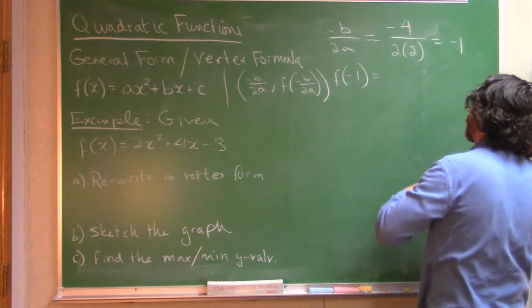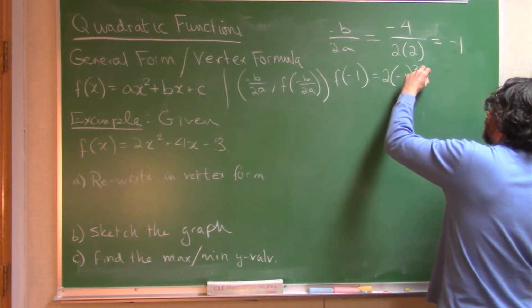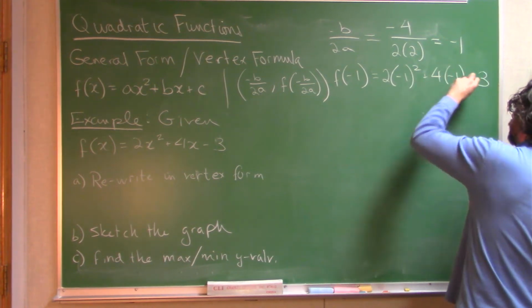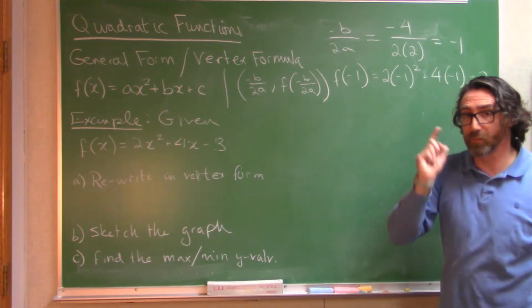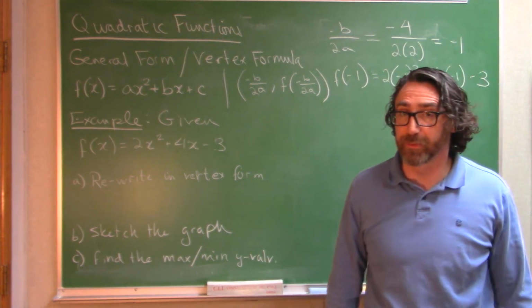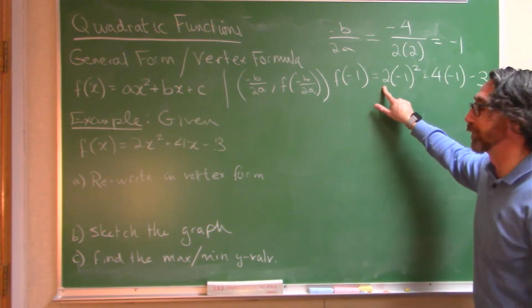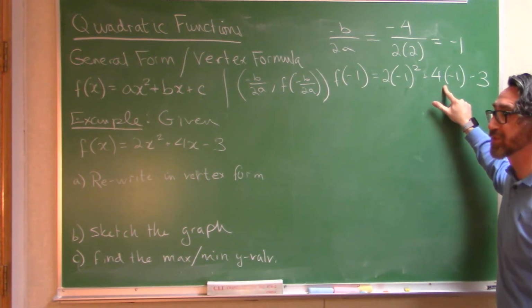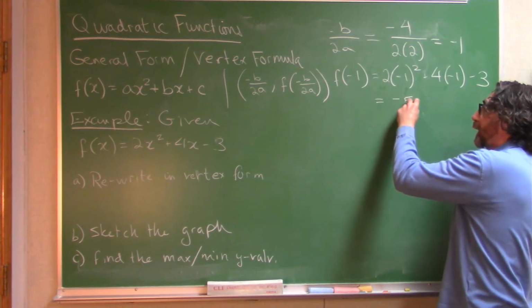So, 2 times -1 squared plus 4 times -1 minus 3. Very important here, -1 squared means -1 times itself. You square -1, you get +1. Times the 2, we got a 2 right here. 2 minus 4 is -2, minus 3 is -5.